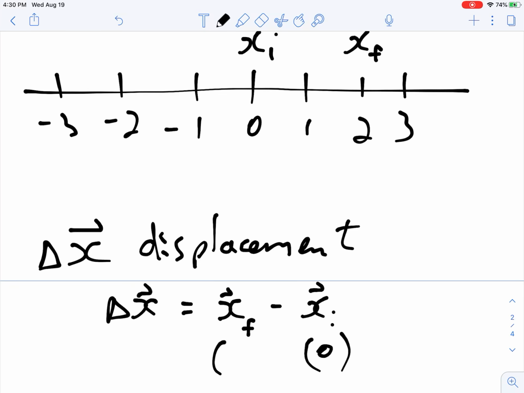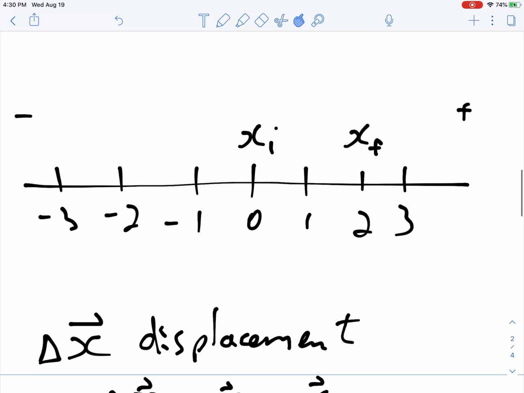My final position is 2. So 2 minus 0 would give me positive 2 units. My displacement is 2 units to the right. I started here and I went to the right 2 units. Positive 2.